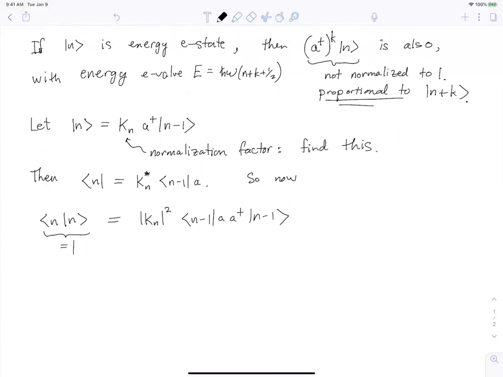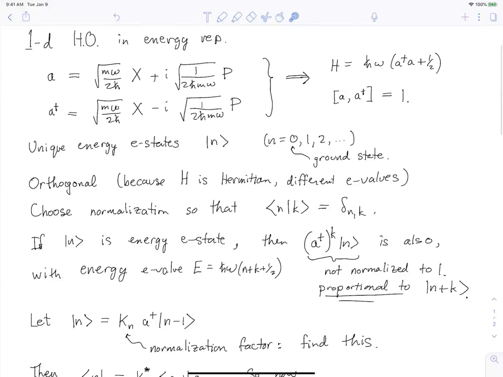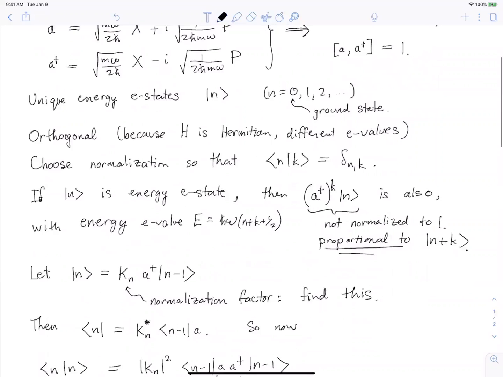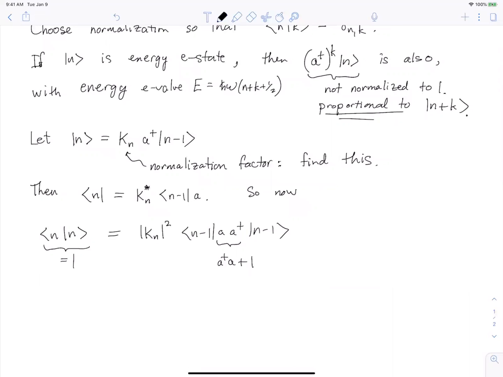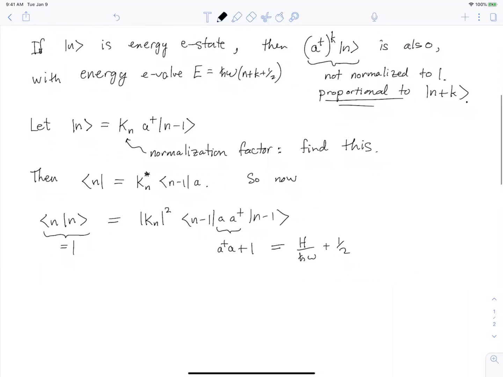Now we can simplify this because we know a a dagger is equal to a dagger a plus 1. So what we did there is we used the commutation relation to reorder this. So this is a dagger a plus 1, and that's actually equal to the Hamiltonian divided by h bar omega plus 1/2. And the nice thing about that is we know what H is acting on the states |n-1>, so we can simplify things.